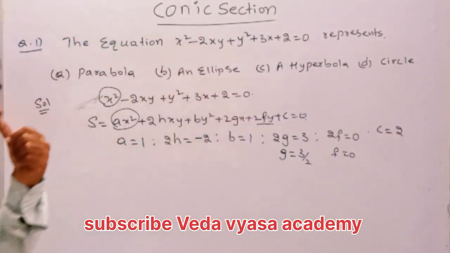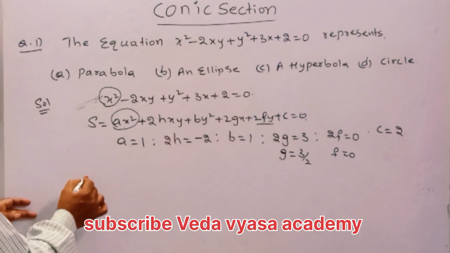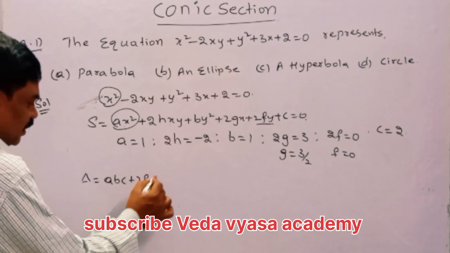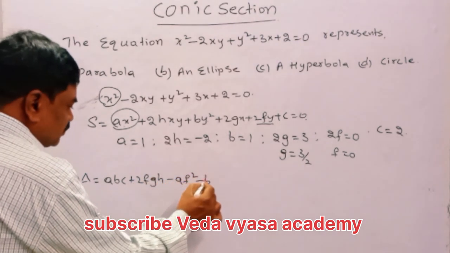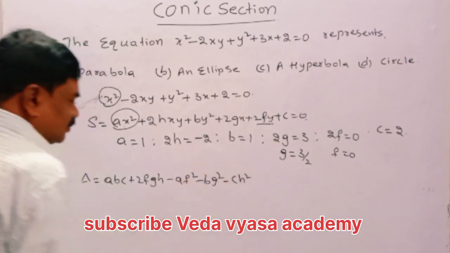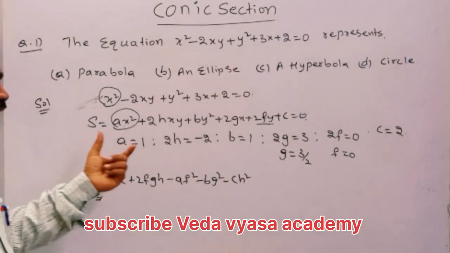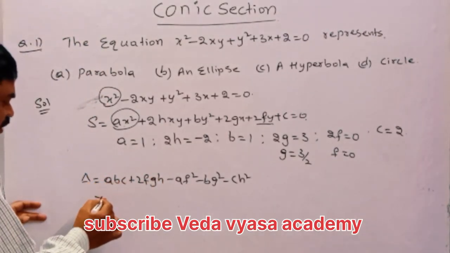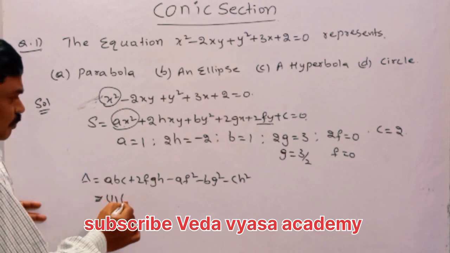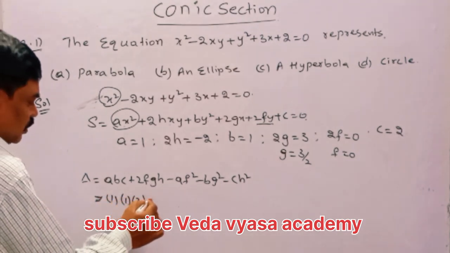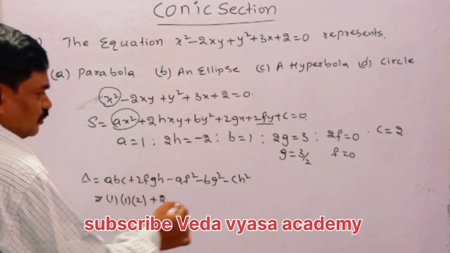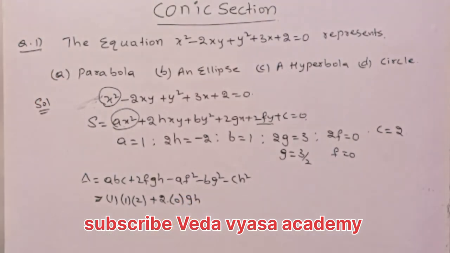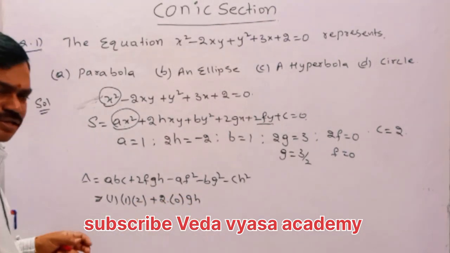Okay, all of you. Here first we have to find the discriminant. Discriminant delta is equal to abc plus 2fgh minus af square minus bg square minus ch square. So you substitute all the values in this. abc is 1 into 1 into 2, plus 2 into f value 0 into gh; no need to substitute the gh value because it is 0.